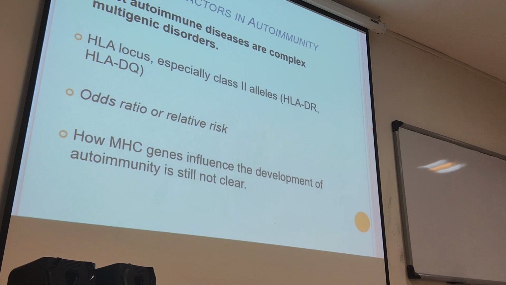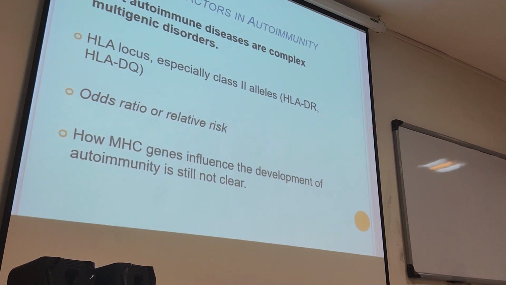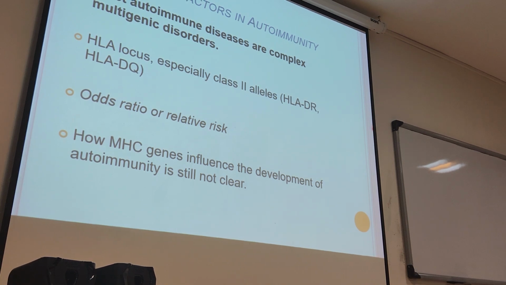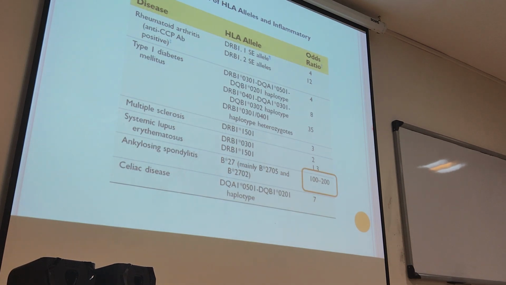And I told you we may have genetic factors. Most of the genes that are responsible are HLA genes, mainly class 2 HLA genes, especially HLA-DR and DQ, and sometimes they have a strong association with the immune disorder.